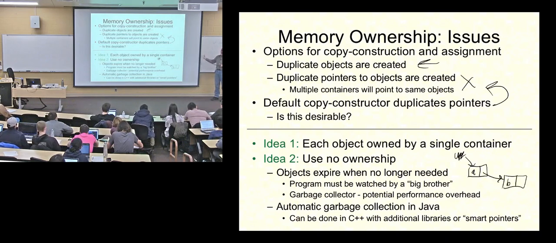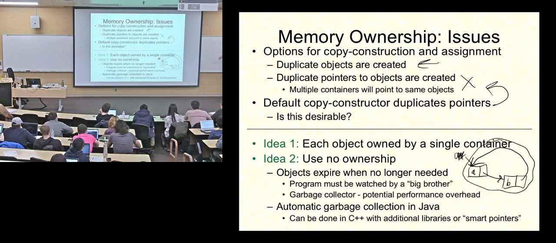Well, when A gets cleaned up, then B can be cleaned up. But what if B refers back to A? Now when P disappears, you've got to be tricky enough to notice that A and B actually have this circle of stuff that has all references to things that nobody refers to, and you've got to notice that.